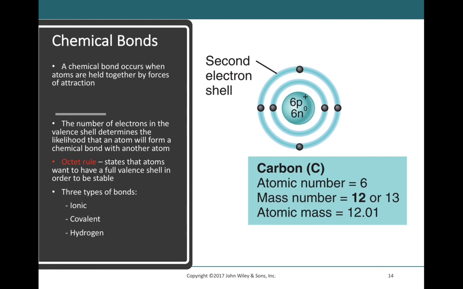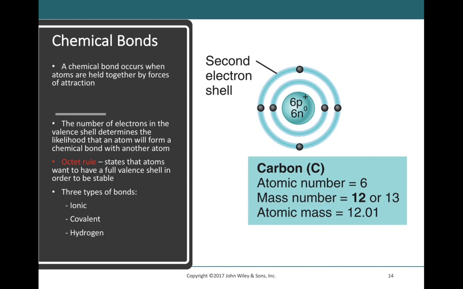The octet rule requires a condition known as stability. So when we get to understand, certain molecules and certain atoms are going to be more stable than others. This octet rule states that in order for our atoms to be stable, we want to fill up the entirety of our atom's valence shells.